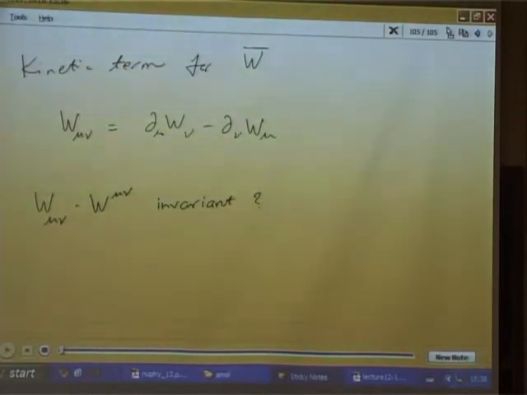What you have to do is subtract a term which is g times W cross W. What this means is the following.